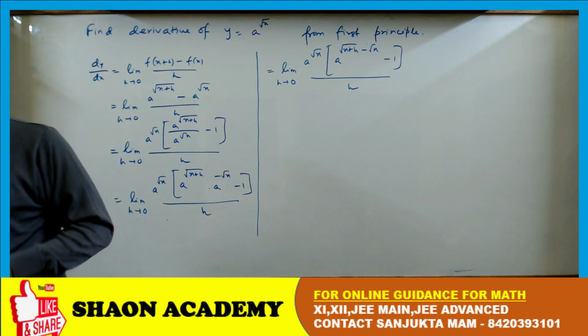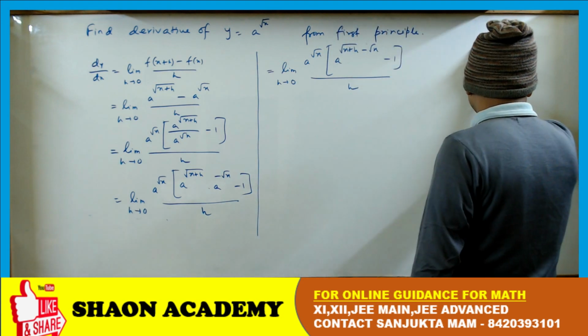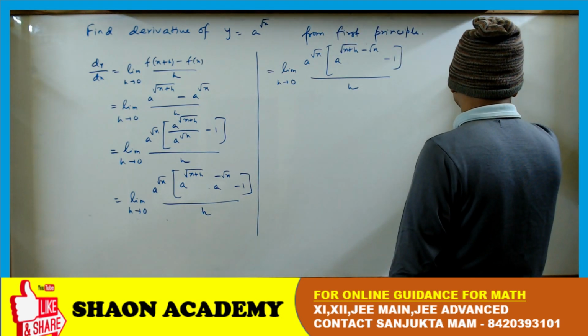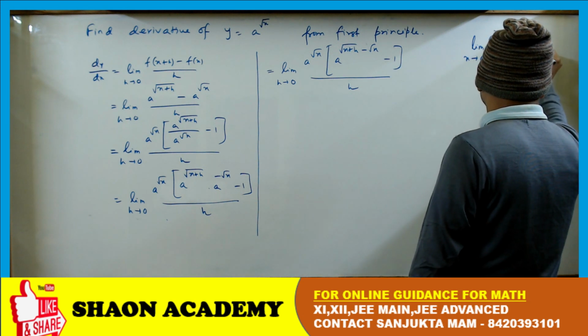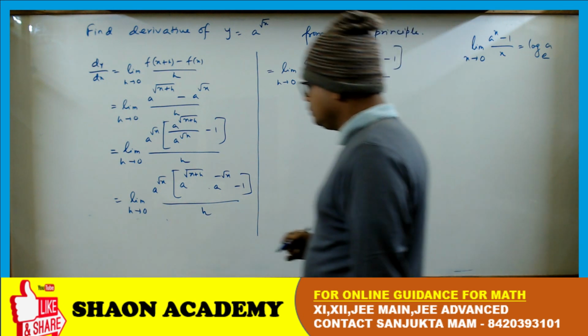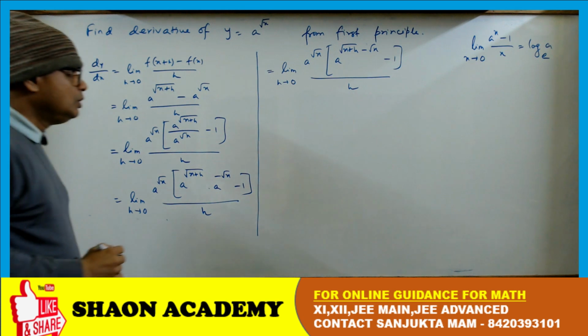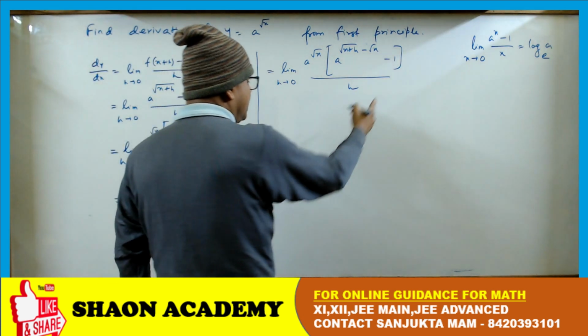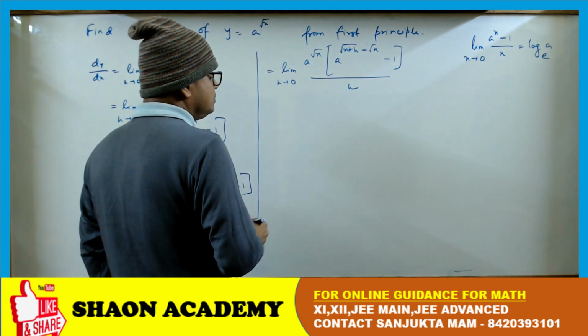Now, we apply the rule of limit here. Limit x tends to 0, a to the power x minus 1 by x equal to log a base e. So, to apply this rule, we should arrange the expression in that style.